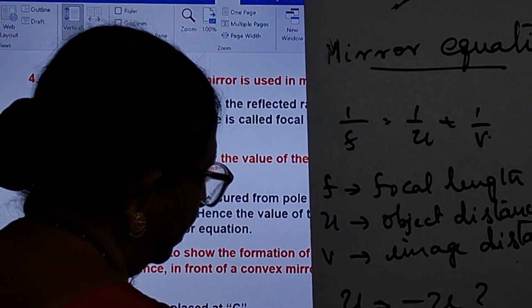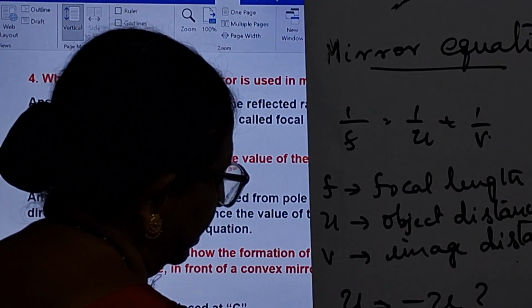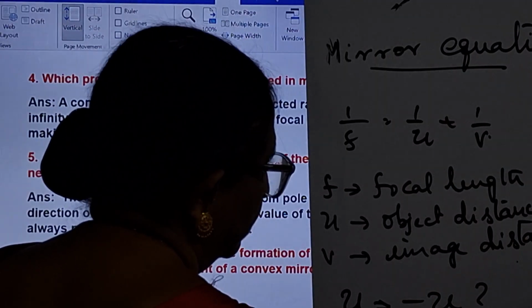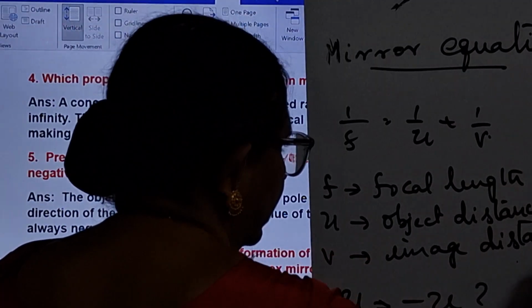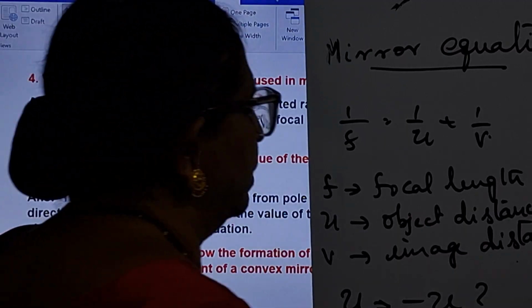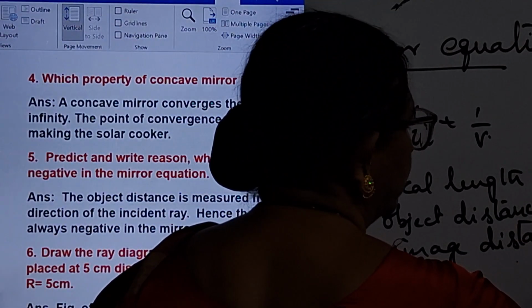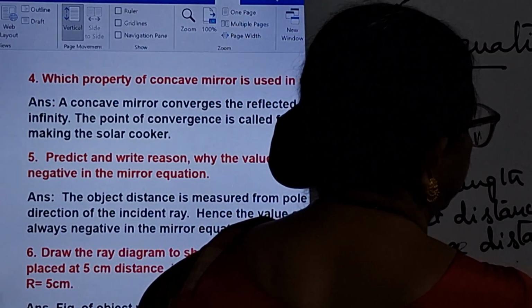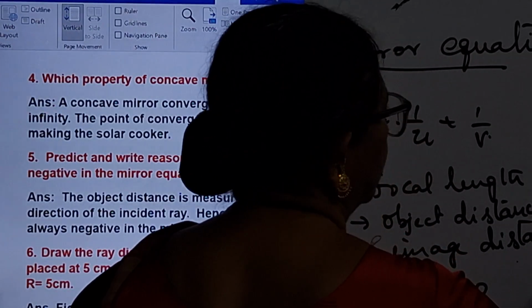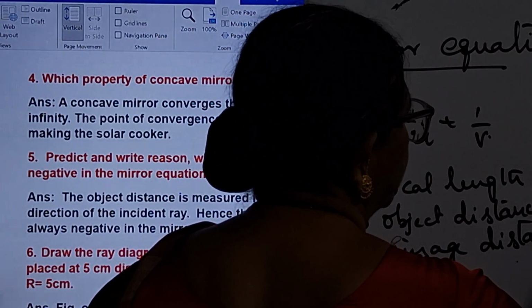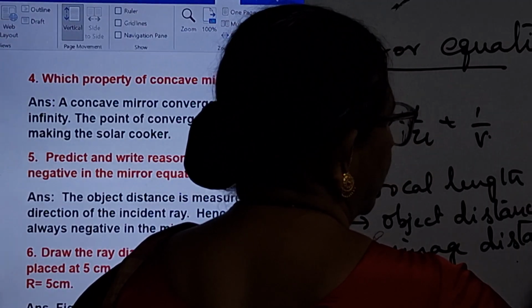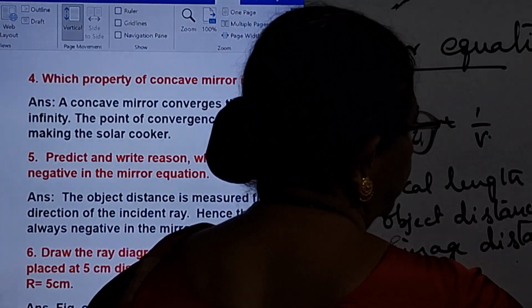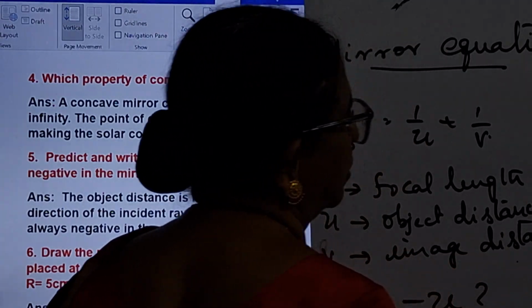This is something dealing with your sign conventions. So what are these sign conventions, children? See, when you have a mirror like this, an object is here and the rays are coming in this way. This is the incident ray and this is the distance of the object which you are considering as u.